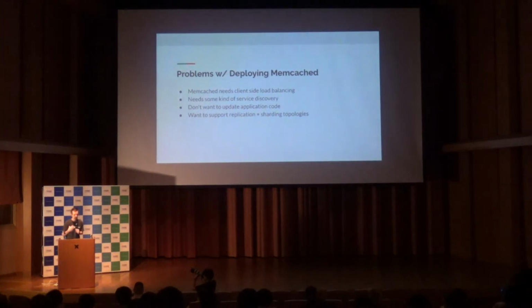The problem with deploying something like Memcache into Kubernetes is that Memcache is typically sharded or load balanced to different instances by hashing the key of a particular piece of data that you're sending in the cache.